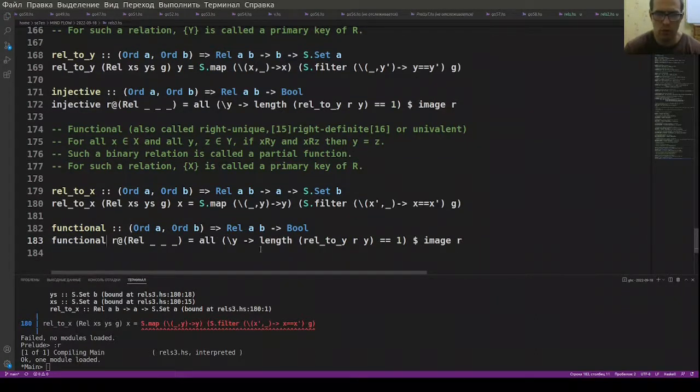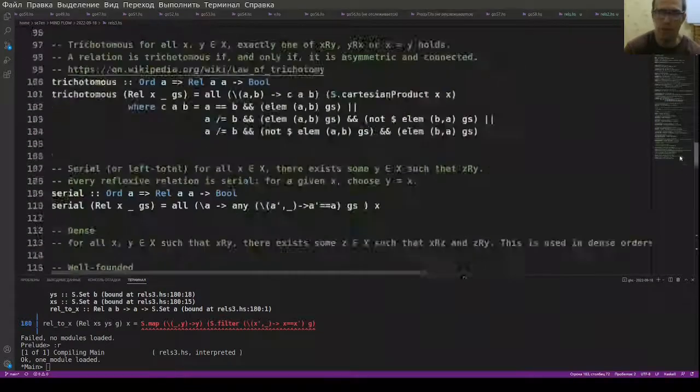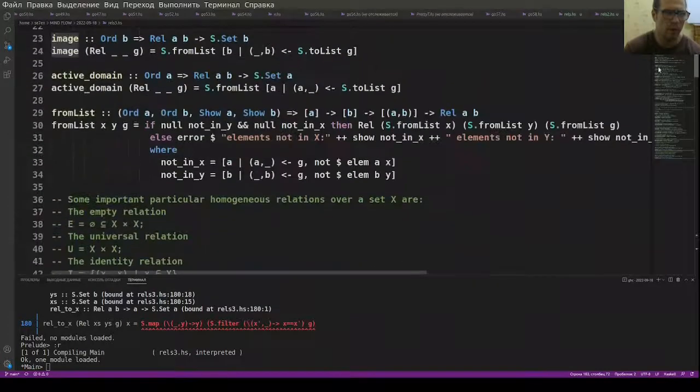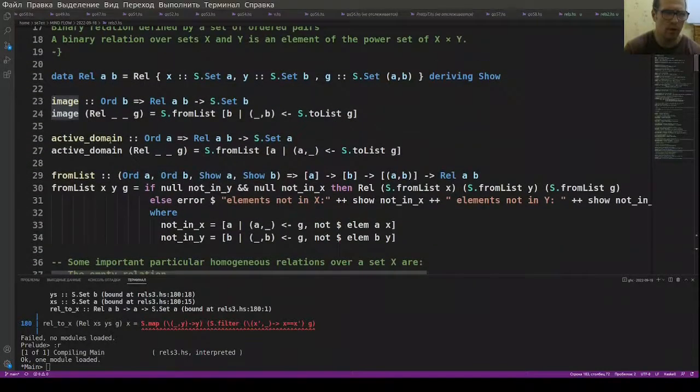And what they need to say is that all are related to. So here we need to say not image. To take not image, we need to take the active domain, I think, yes? We have the active domain here.